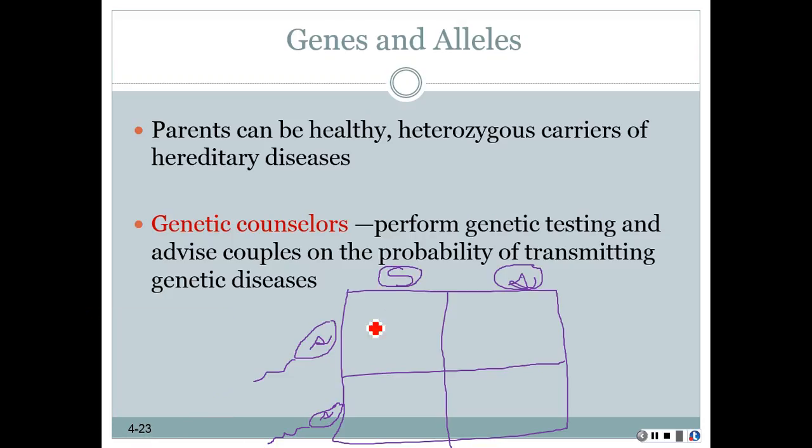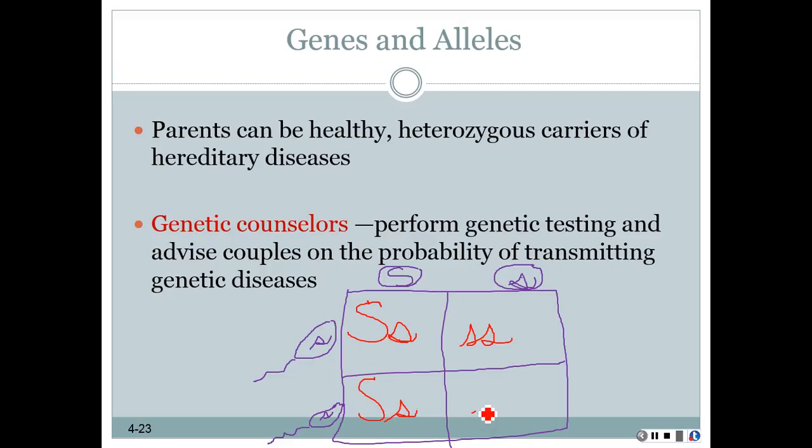So what will we have? We'll bring down the S. First child will be heterozygous for the sickle cell trait. Second child will have the recessive trait. So they're not going to show any signs and symptoms, but it's still there in the system laying dormant. Now, third child will also be heterozygous.